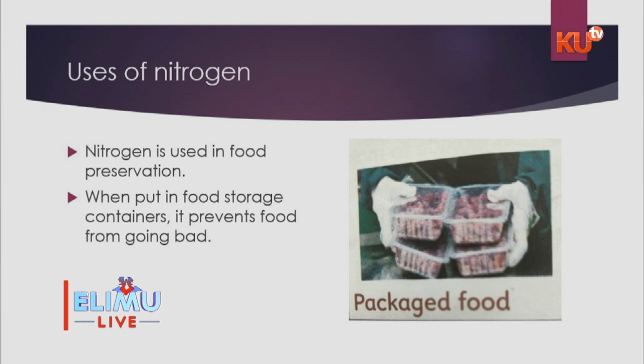And now, which plants are these that use nitrogen? The plants that use nitrogen are referred to as legumes or leguminous plants. Examples of leguminous plants are beans. We have a bean plant. We have peas or cowpeas. And we also have groundnuts.